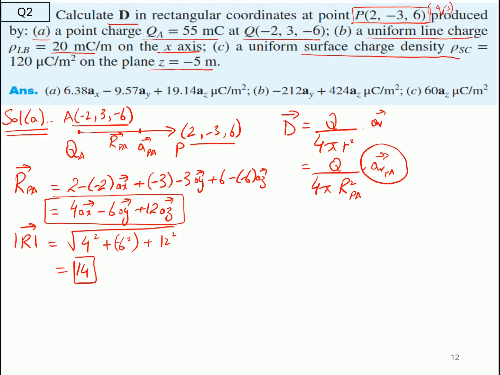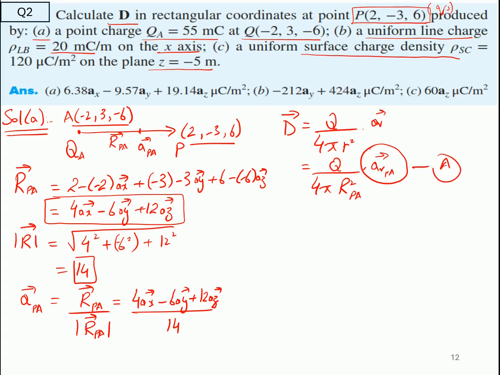This means my unit vector a of PA is basically the vector r PA divided by the absolute value of r PA. So this is going to be 4A of x minus 6A of y plus 12A of z, divided by 14.